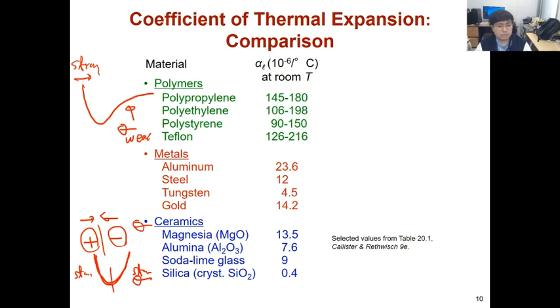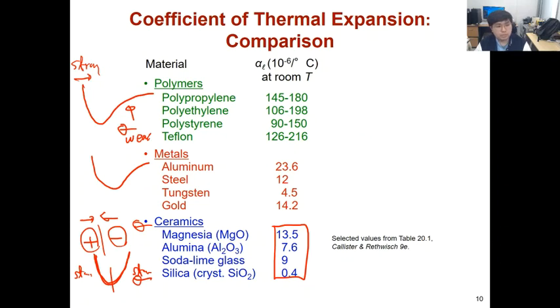So we can easily expect that their energy curve has a nearly symmetric shape, and we can expect very small thermal expansion. When we increase the temperature, we can expect very large vibration motion, but the thermal expansion is small. Metal shows some weak asymmetric behavior, but in polymers the attraction is weak.